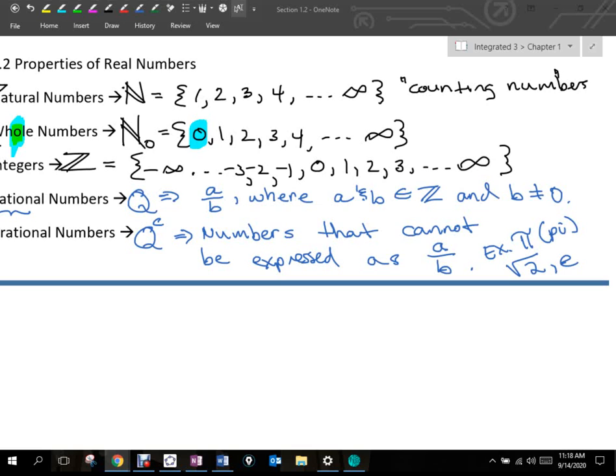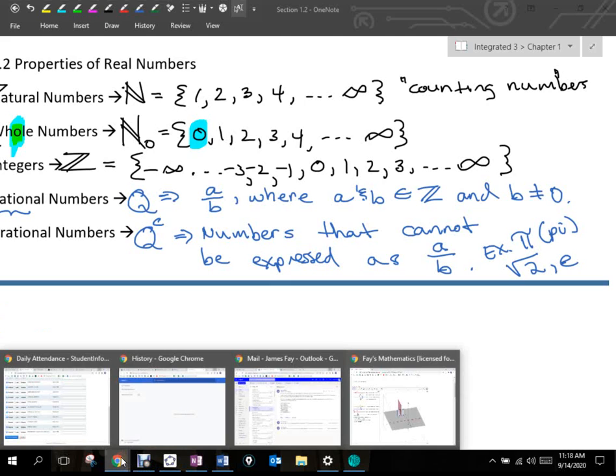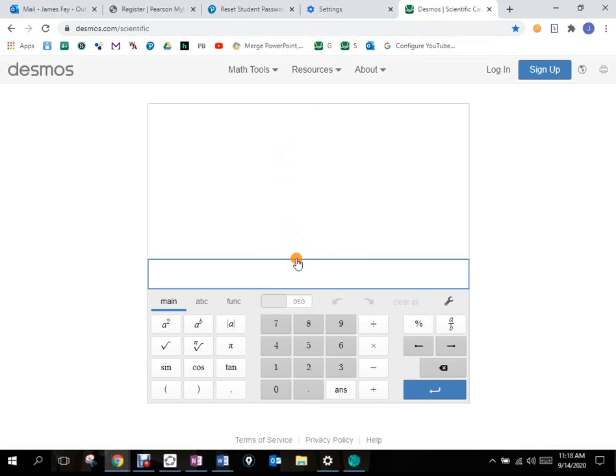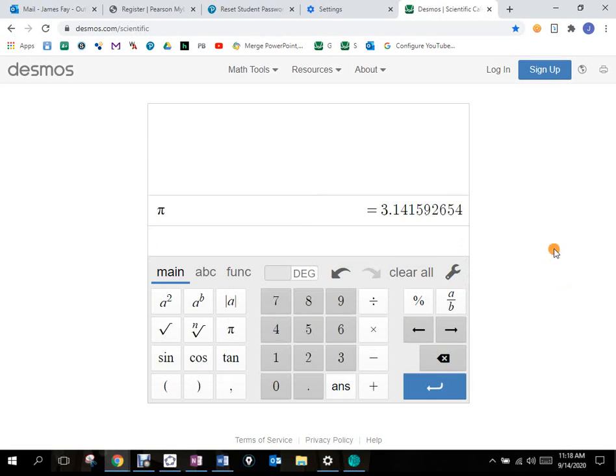Usually when we type in pi on our calculators, most of the calculators that we have access to go out to like 9 or 10 decimal places. But how do I know beyond that it doesn't just start showing that pattern again? The program that I have kind of explains that or expresses that.